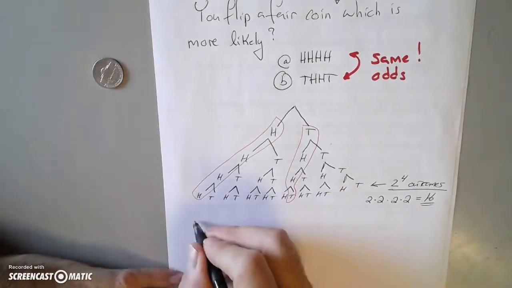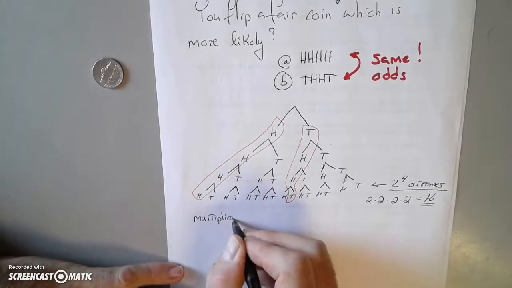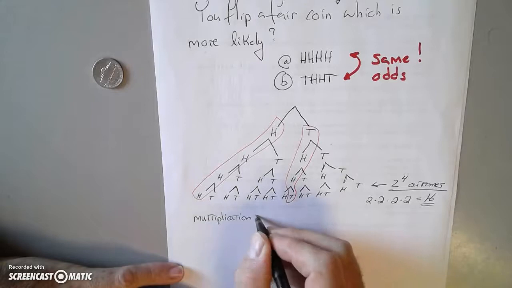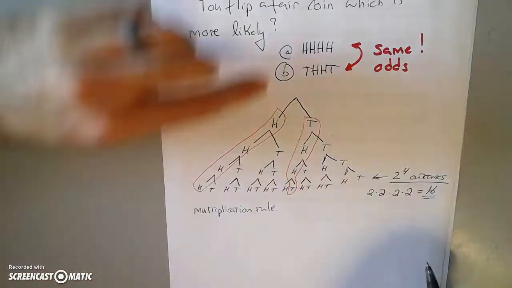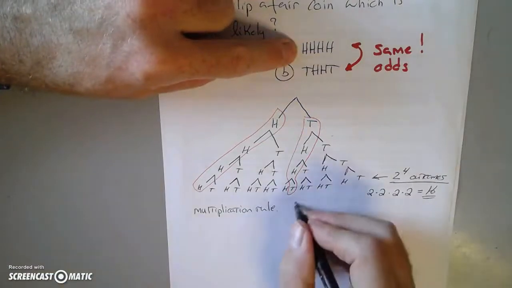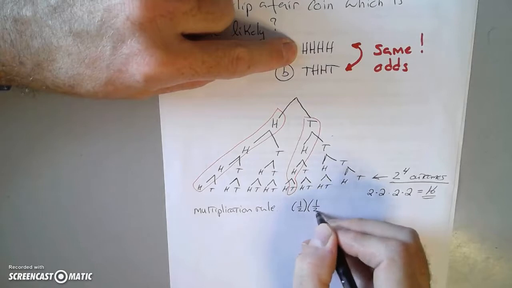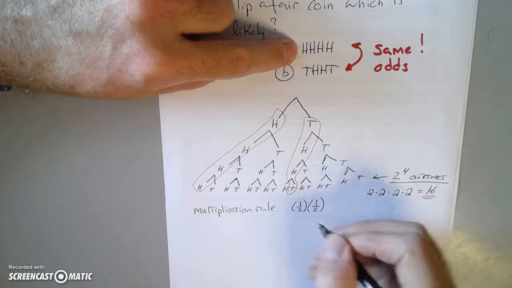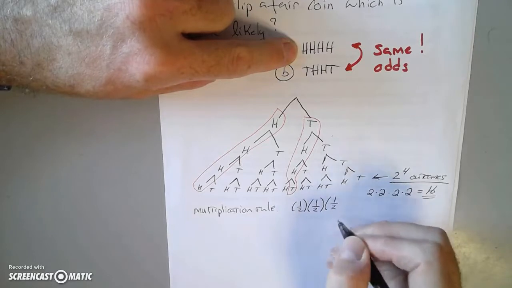Let's think about this in terms of the multiplication rule. The odds of the first coin being heads is 1/2. The odds of the second coin being heads is 1/2. The odds of the third flip being heads is 1/2.